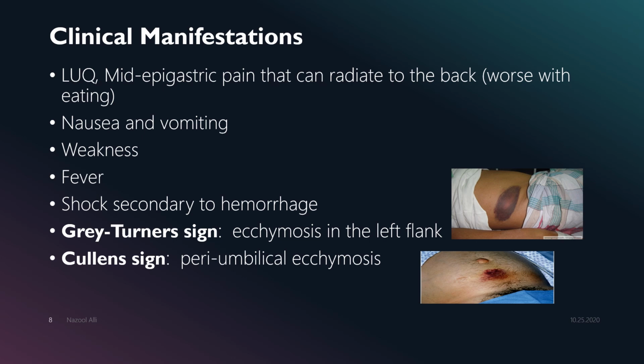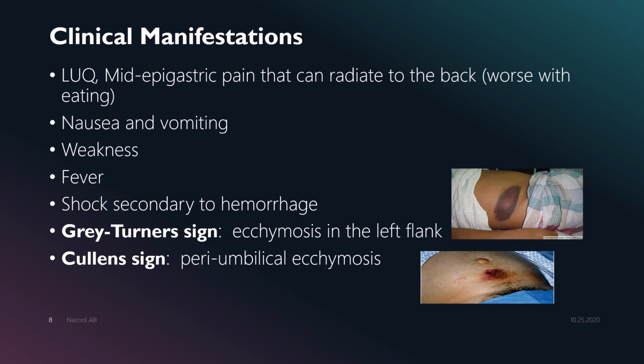Because of the retroperitoneal bleeding, there are two kinds of bruising that you will see, something called a Gray-Turner sign and a Cullen sign. With the Gray-Turner sign, the patient will have ecchymosis or bruising in the left flank or left costovertebral angle area.